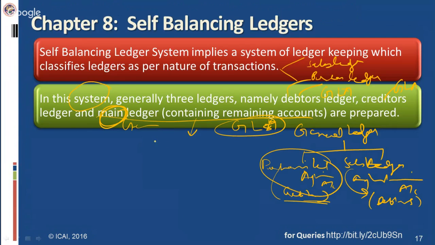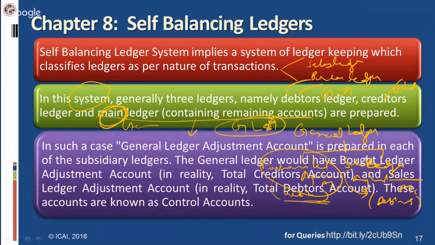It should match with the general ledger adjustment account in the purchase ledger. GLA will be maintained in the purchase ledger also. It is a replica of this account, so the balances of both accounts should match. In the same way, the debtors ledger adjustment account in the general ledger should match with the GLA, general ledger adjustment account, in the debtors ledger.